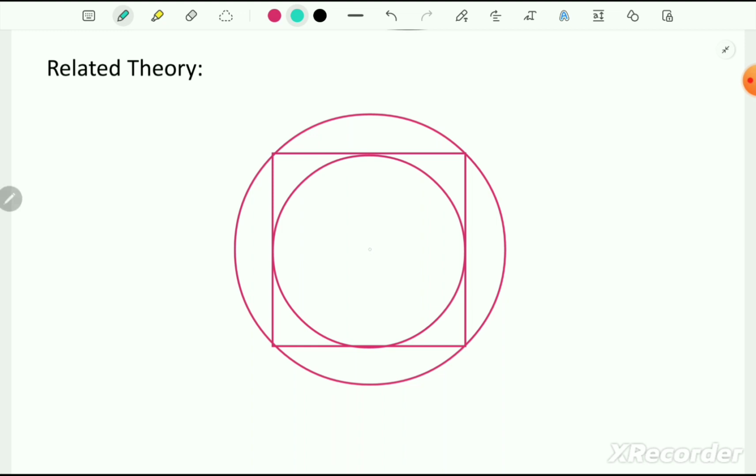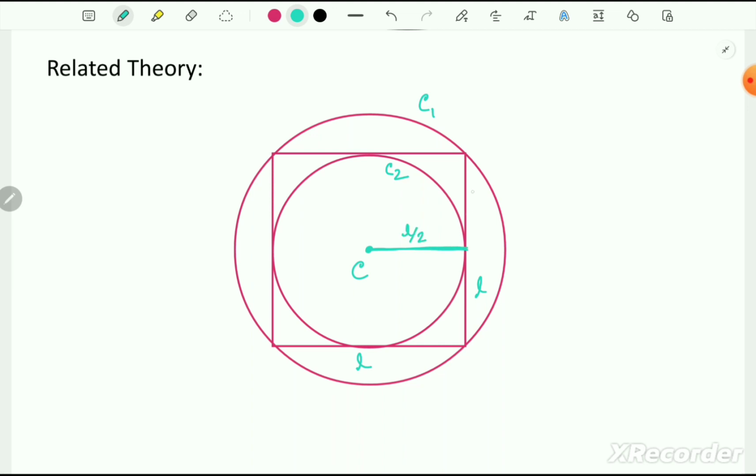Okay, so let's consider the center is C and side length we know L. If we draw a line perpendicular on the side length like this, then it becomes the radius of incircle C2. This is C1, this is C2. So this side length is L, and if side length is L, then this radius of incircle becomes L by 2.